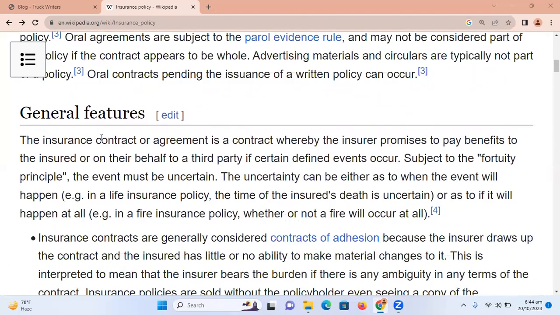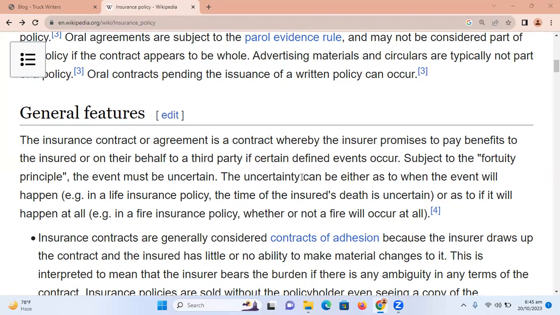General features. The insurance contract or agreement is the contract whereby the insurer promises to pay benefits to the insured or on their behalf to a third party if certain defined events occur. Subject to the fortuity principle, the event must be uncertain.